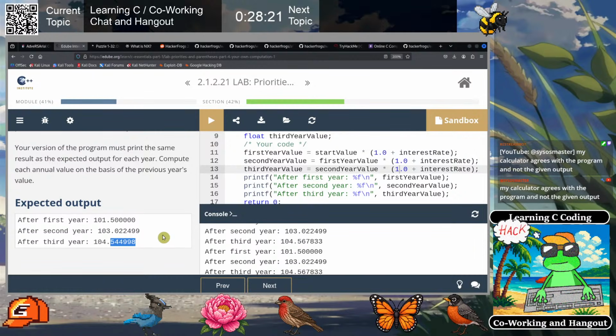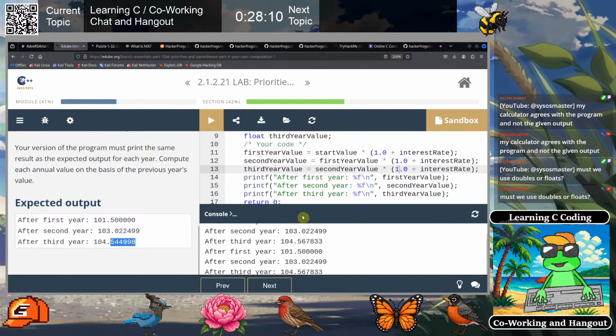My calculator agrees with the program and not the given input and the given output. The expected output is different, this is not the same number. Must we use doubles or floats?